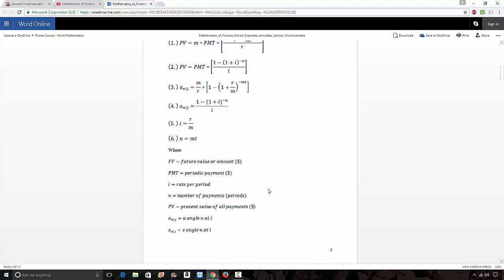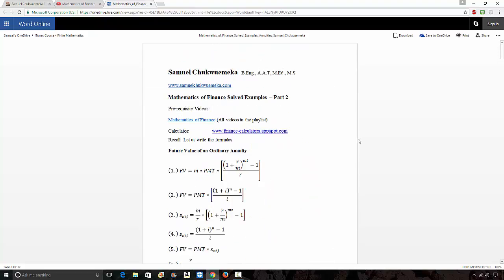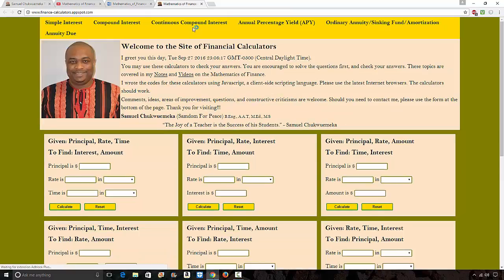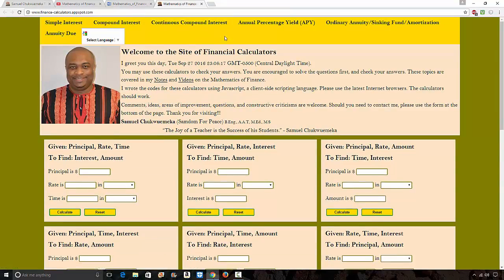I am also glad to introduce to you this calculator here, www.finance-calculators.appspot.com. I encourage you to use this calculator to check your answers. After solving the questions first, you can check your answer with this calculator and see whether we get the same answer.